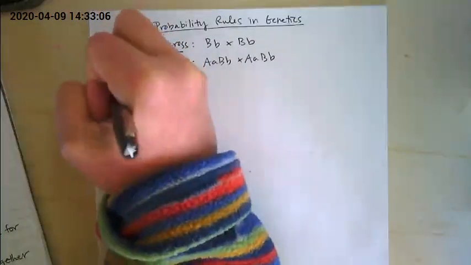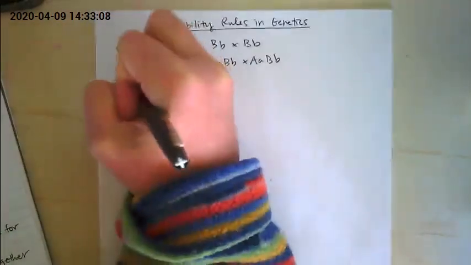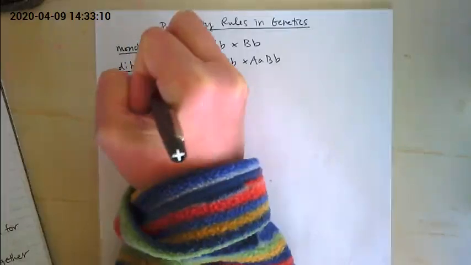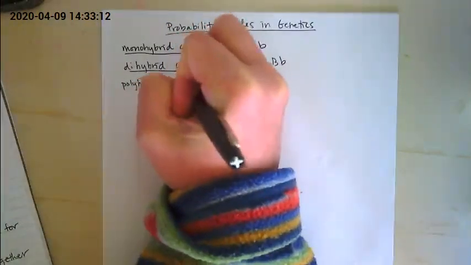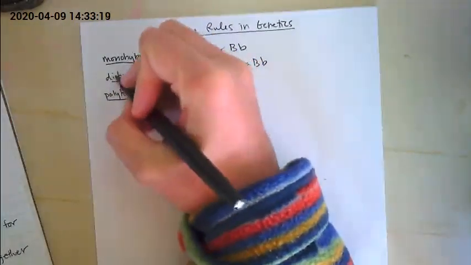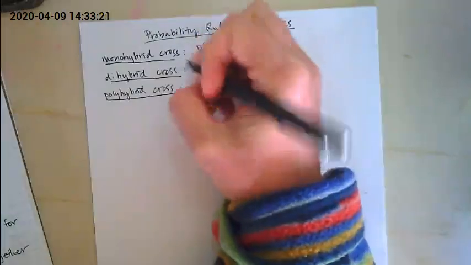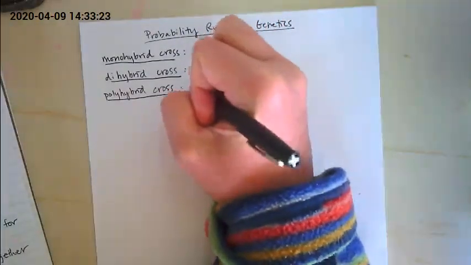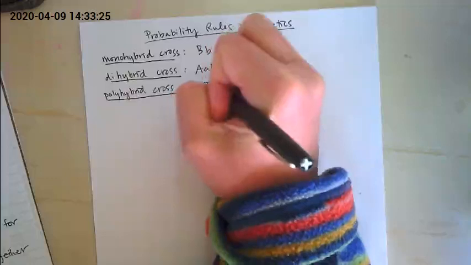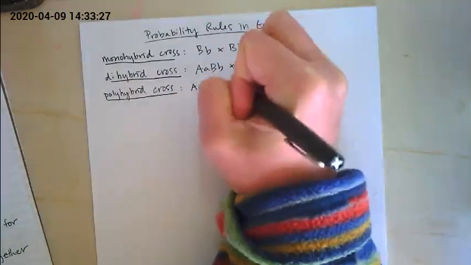Well, what are you going to do if you have a polyhybrid cross? And what does that mean? Poly means many. Mono is one, di is two, poly would be many. So what would you do if I asked you to cross this fella?